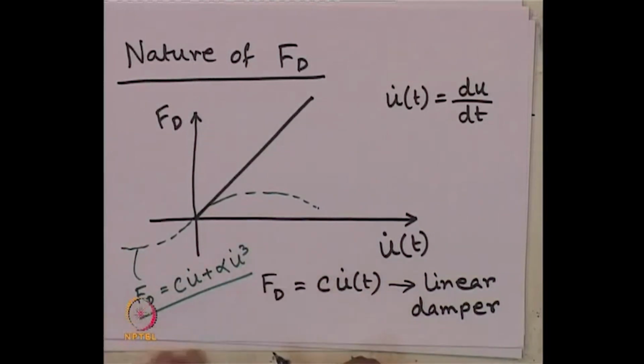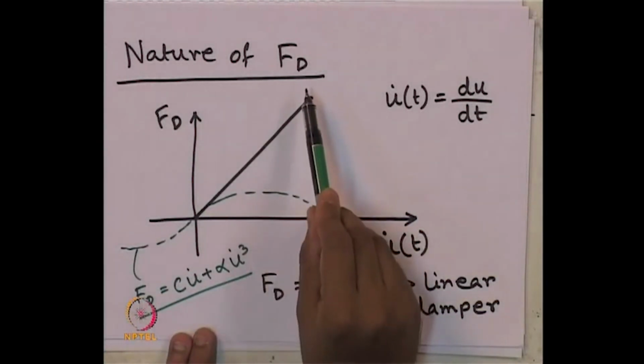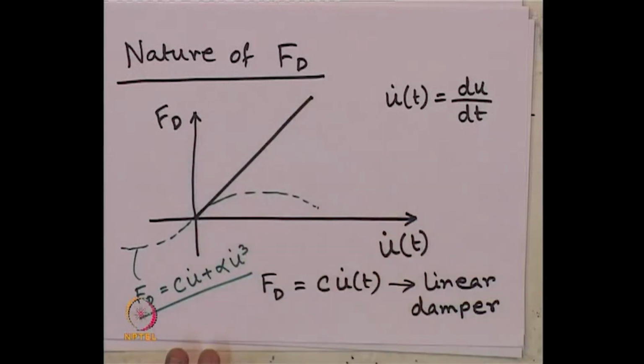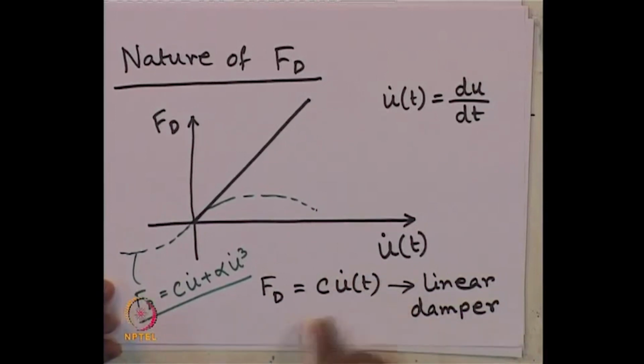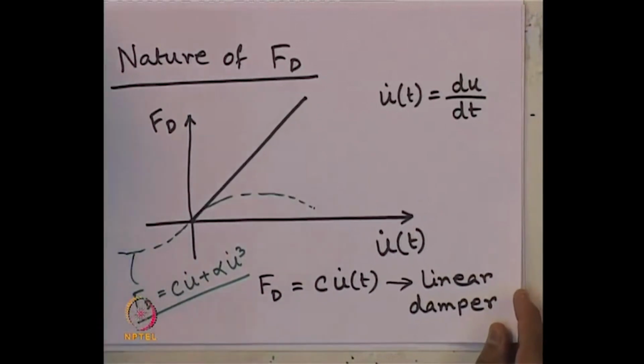Then we cannot use this linear damper equation so easily for our model. So, we have to be careful what type of variation of each of these forces F s, F d and F i is considered for a particular model or a particular system when we are analyzing a dynamic problem.